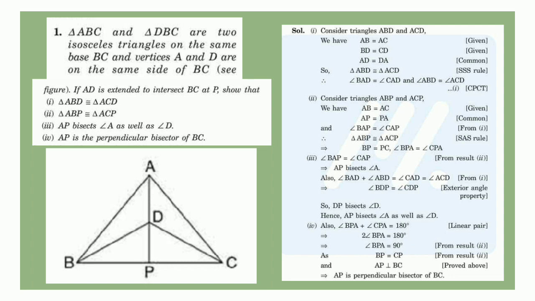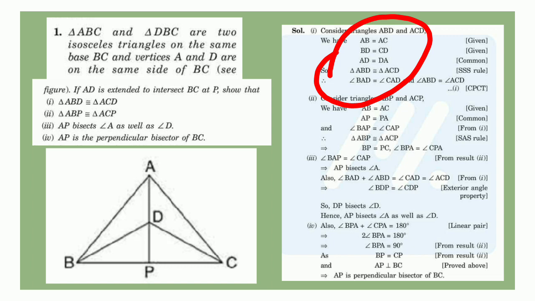The question is given that triangle ABC and triangle DBC are isosceles triangles. So we can say AB equals AC and BD equals DC. Okay, so first we have to prove triangle ABD is congruent to triangle ACD. In these two triangles we can observe that the sides AB and AC are equal, BD equals CD, and the common side AD is equal to AD.